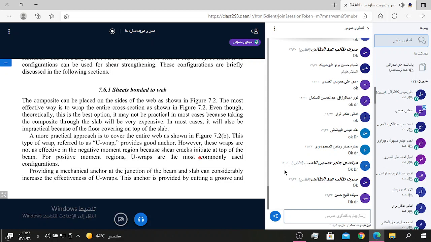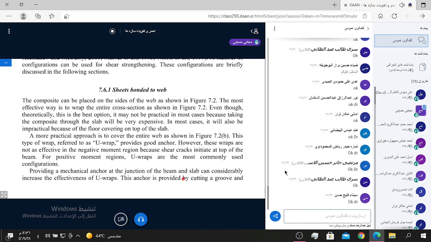These wraps are not as effective in the negative moment region because cracks initiate at the top of the beam, and for positive moment regions, U wraps are the most commonly used configurations.